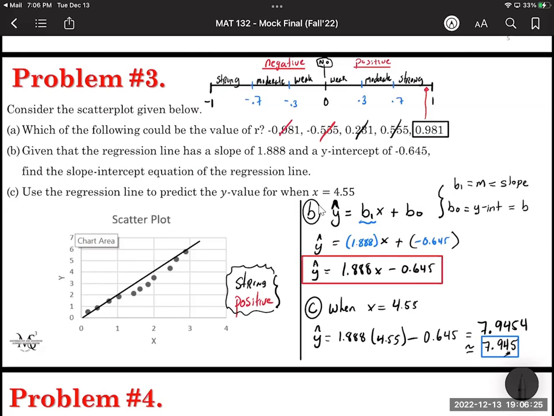That's right. Y hat is the same thing as y. I'm just showing the notations that students will see in MyLab. It's just notations, just the language. Anybody else? Any questions?